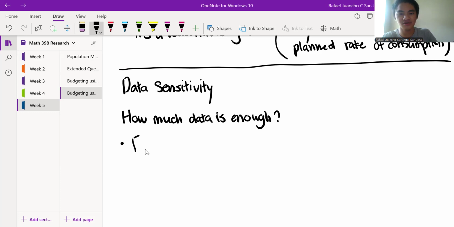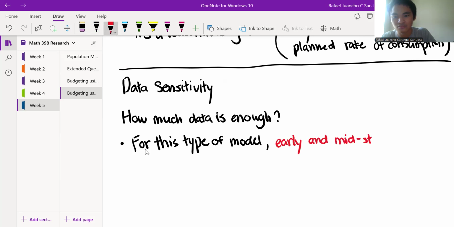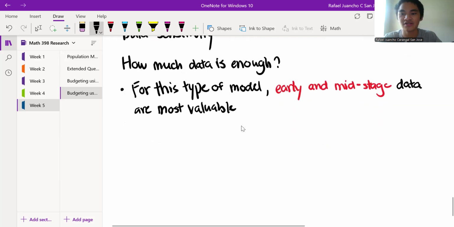And I guess for this type of model, we're seeing that the early and mid stage are most valuable, right? Then we can simulate from there.